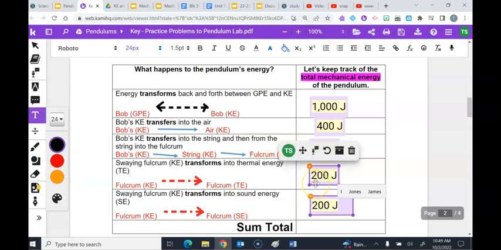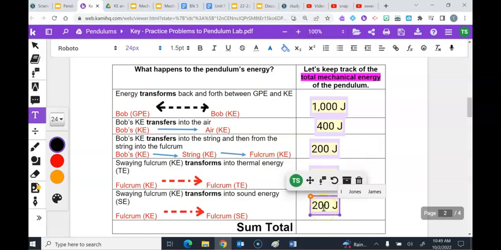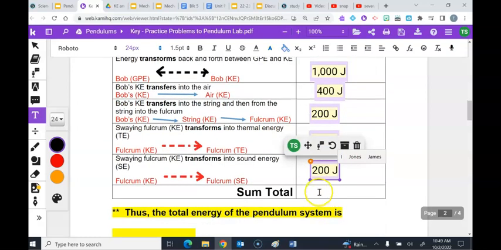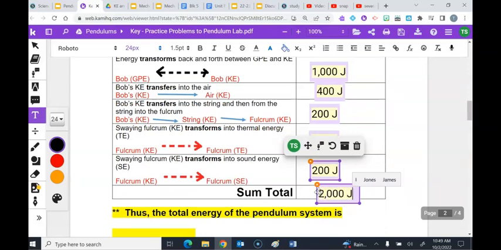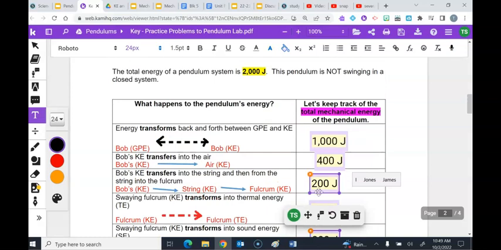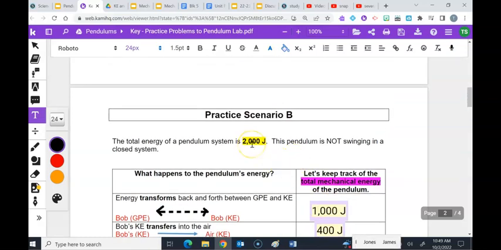Let's say 200 joules of the swinging bob's energy transformed into heat, and 200 transformed into sound. When you add up 1,000 plus 400 plus another 200, 200, and 200, that comes to 2,000 joules, which is the original amount of energy that the system started with.